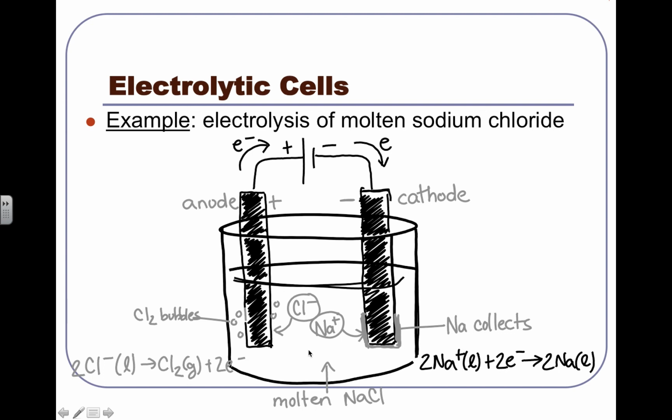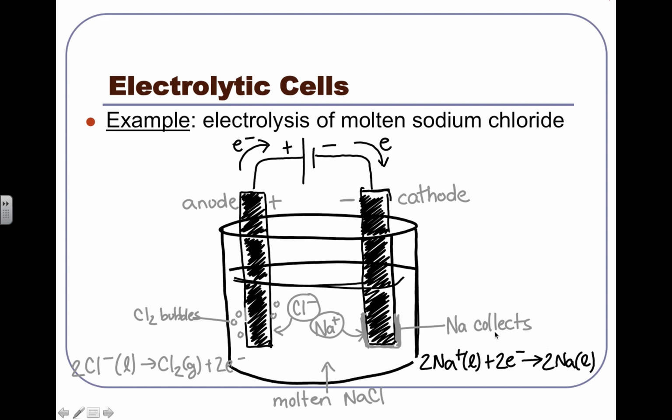On the anode side, chloride ions are going to be attracted. They're going to lose electrons and become diatomic chlorine, so Cl2, and you'll see yellowish-green bubbles being produced, a yellowish-green gas. So here's your half reaction here. Notice that the sodium could be balanced with just sodium plus 1 electron, but we've got to have it balanced, so 2 electrons gained, 2 electrons lost.